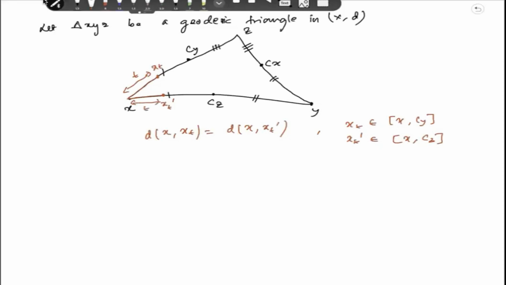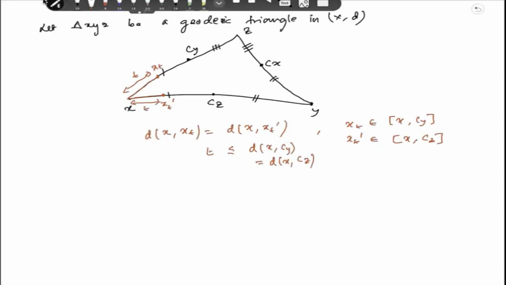Therefore, the distance from X to Xt prime will also be t. And t will be less than or equal to the distance between X and Cy, which is again the same as the distance between X and Cz.